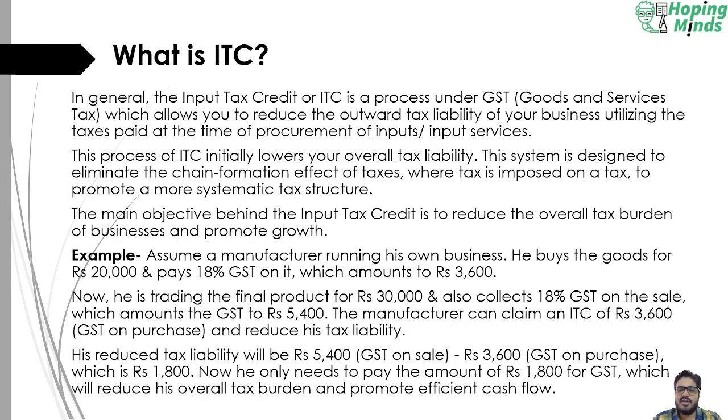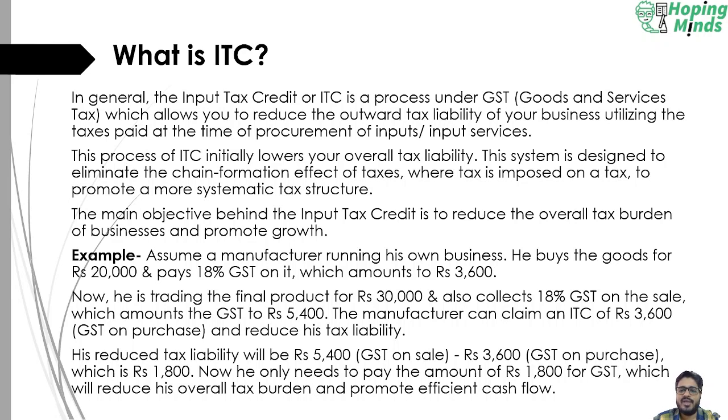Assume a manufacturer running his own business. He buys the goods for rupees 20,000 and pays 18% GST on it, which amounts to rupees 3,600. Now he is trading the final product for rupees 30,000 and also collects 18% GST on such sales. This amounts to rupees 5,400.